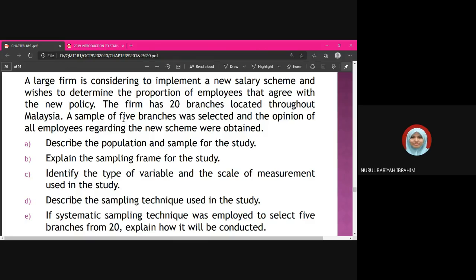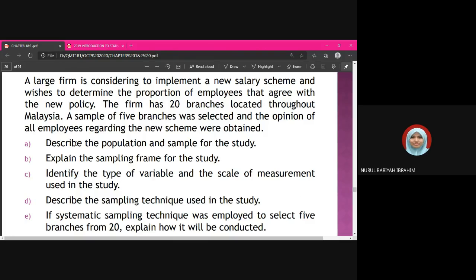A sample of 5 branches was selected, and the opinion of all the employees regarding the new scheme were obtained. Okay, dia kata kat sini, dia punya keyword kat sini, a sample of 5 branches. So branches ni adalah cluster, and sample of 5 cluster is selected. So the best sampling technique used for this case study adalah cluster sampling technique.